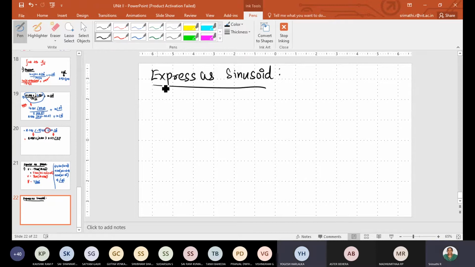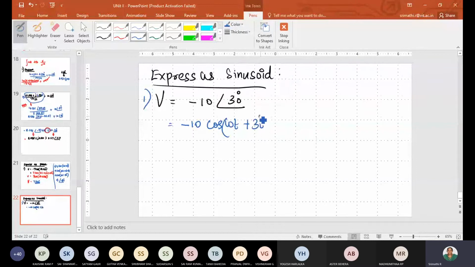Okay, the first one is V equals minus 10 angle 30 degree. So first, how will you represent the angle? Let it be minus itself. Minus 10 cos of, we don't know omega, so omega t plus 30 degree.